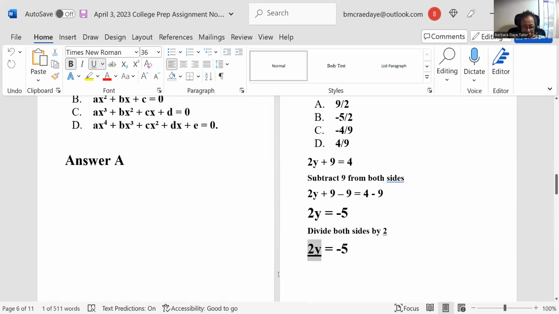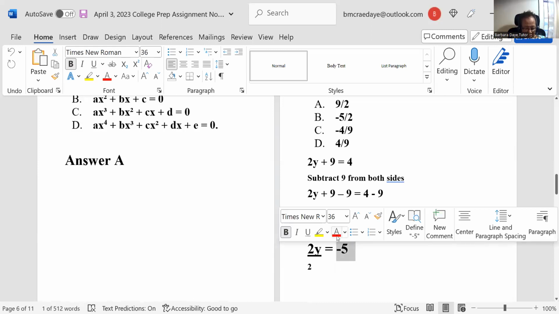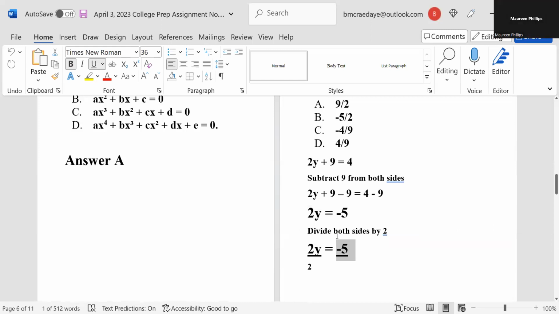Y would be equal to minus 5 over 2. No, you did a division. So what would it be?